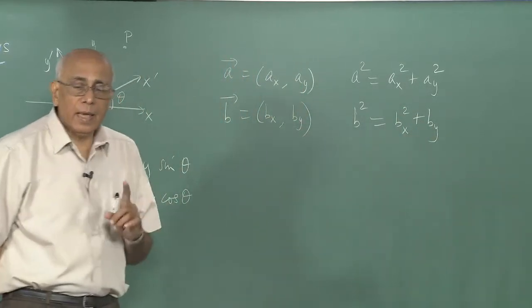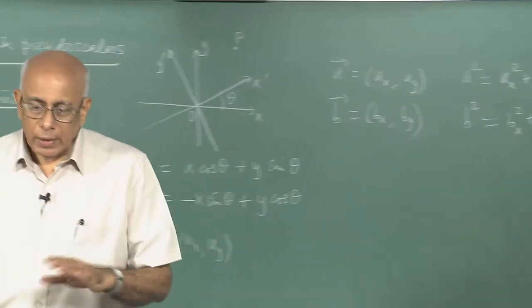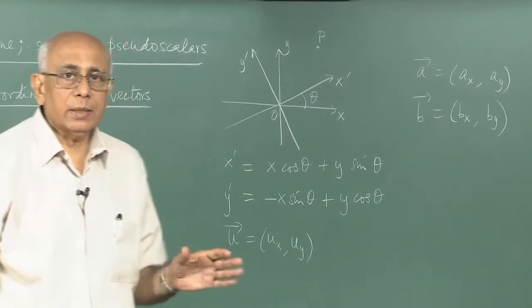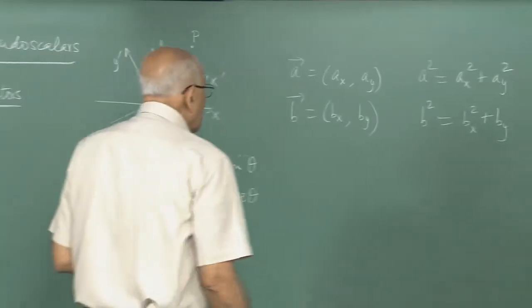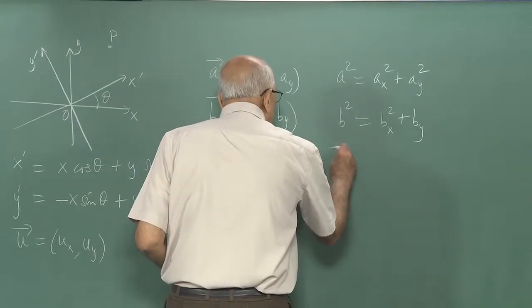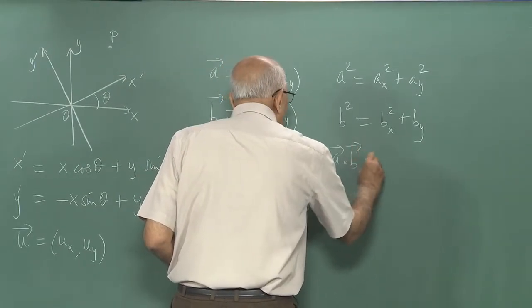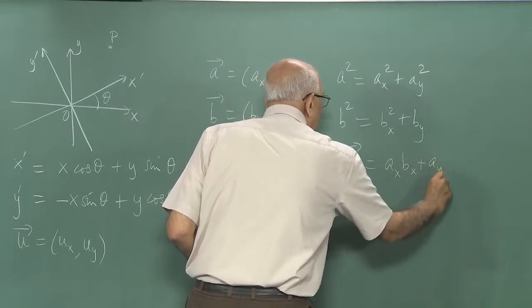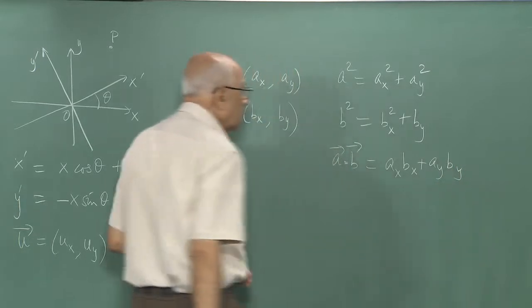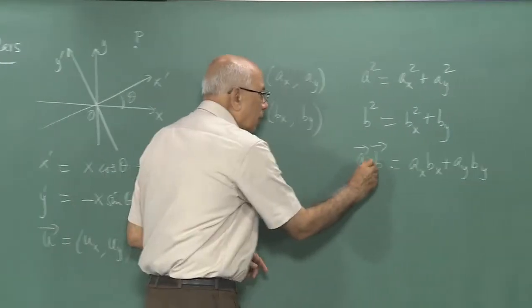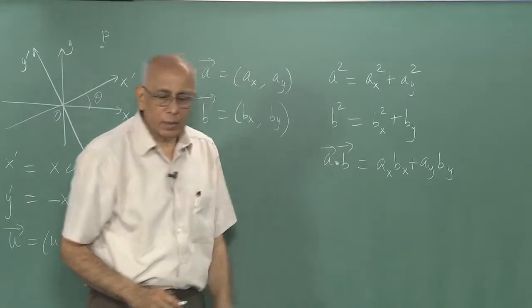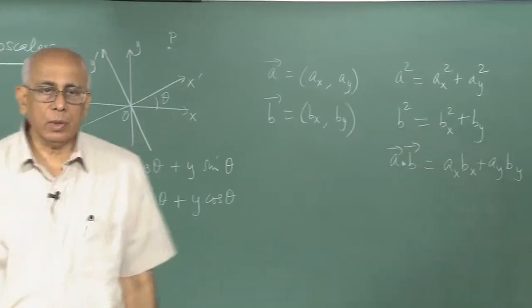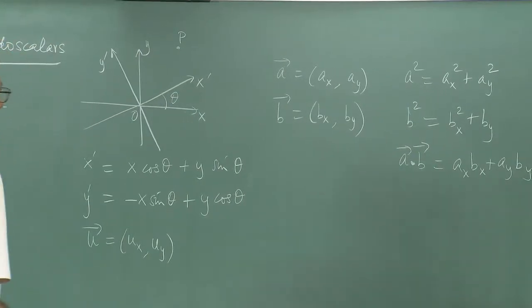And the third scalar that you can form, a quantity which does not change under rotations, is A dot B, which is equal to ax bx plus ay by. That too is a scalar, and that is why we call this the scalar product, the dot product, or more correctly the scalar product.